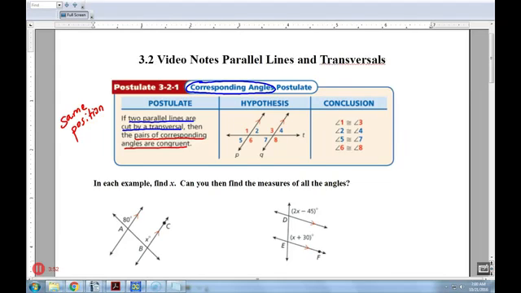So if you look at the diagram here, angle 1 and angle 3 are both in the same position. So angle 1 is congruent to angle 3. Also, angle 6 and angle 8 would be in the same position. So they are congruent and they are called corresponding angles. Angle 2 and angle 4 match up with each other.